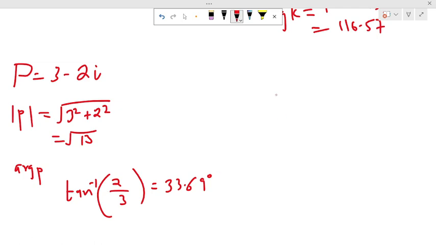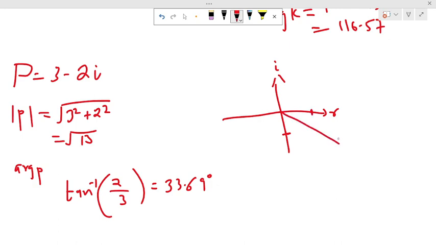So we would have to draw our Argand diagram, which is the Cartesian plane that you already know, putting the real term on the x-axis and the imaginary term on the y-axis. So for this, we know that the imaginary term is negative, so it will be at this place, because here is negative, here is positive, here is positive, here is negative. And the real term is positive 3, and that one too will be at this place.